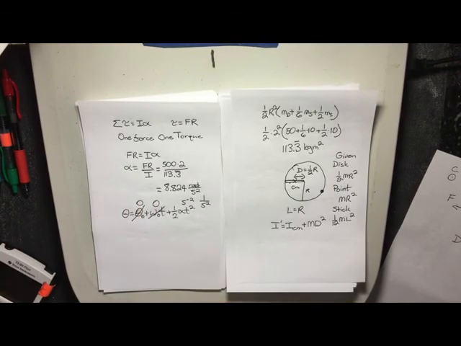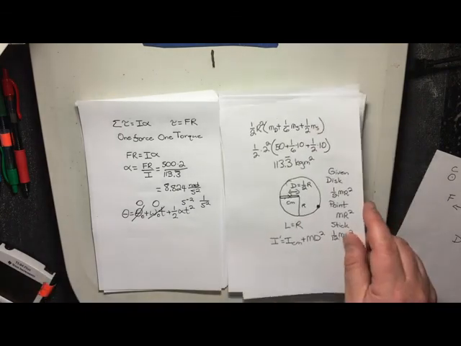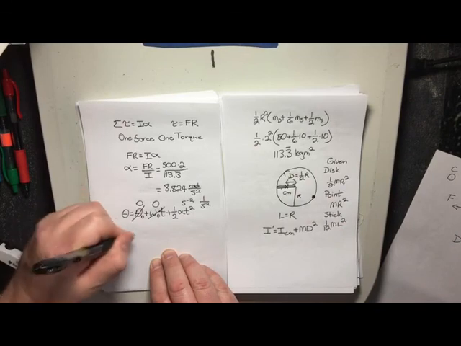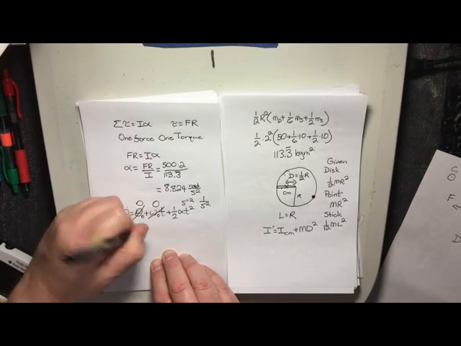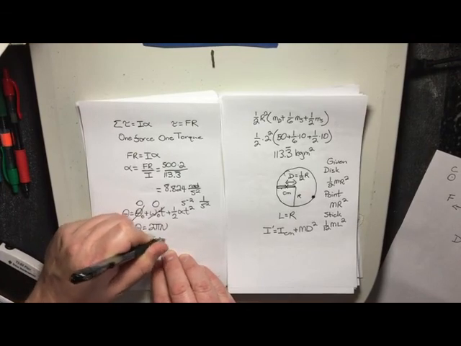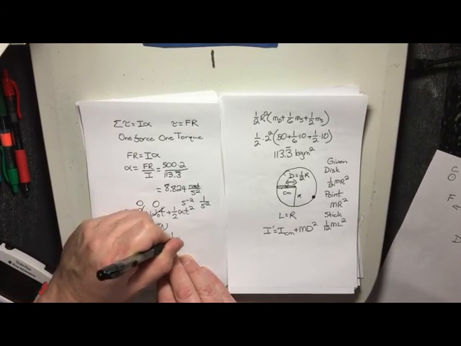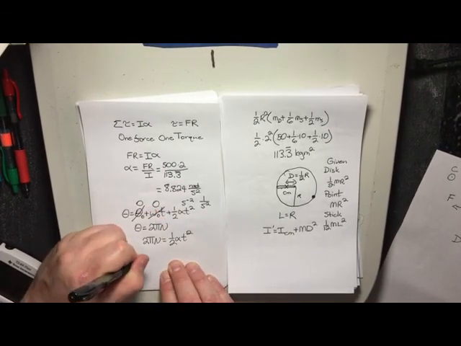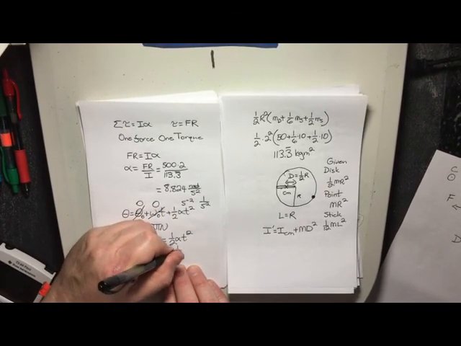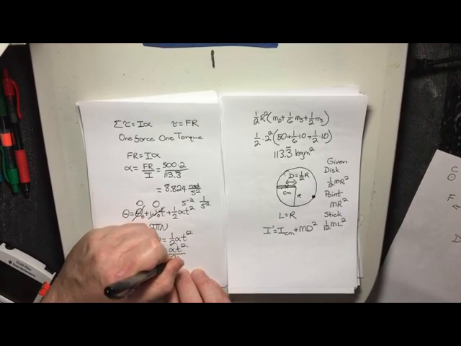I know my alpha, I know my t. T was given to you, 100 seconds. So I can get theta. But theta is equal to 2 pi N. So 2 pi N is equal to 1/2 alpha t squared, or N is 1/2 alpha t squared over 2 pi.